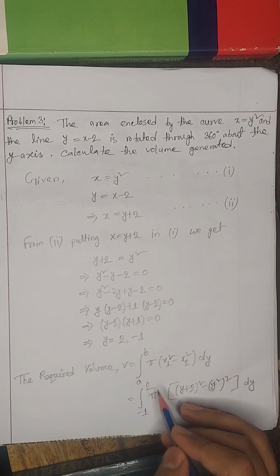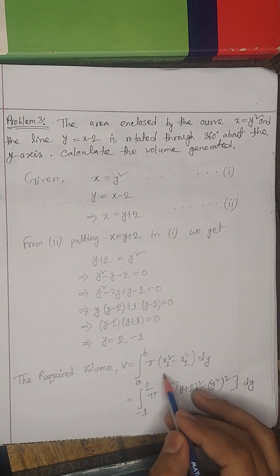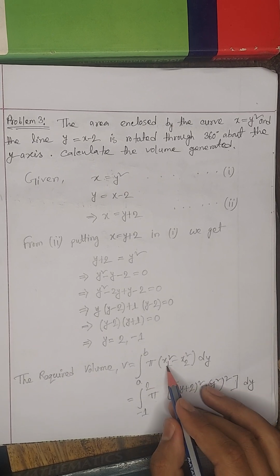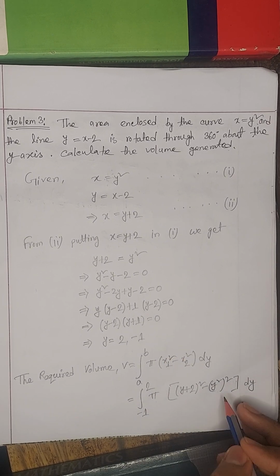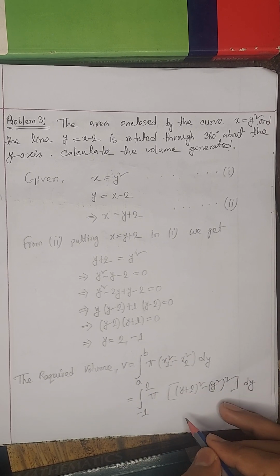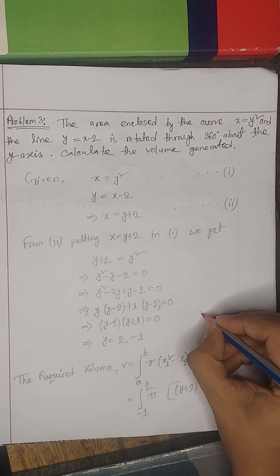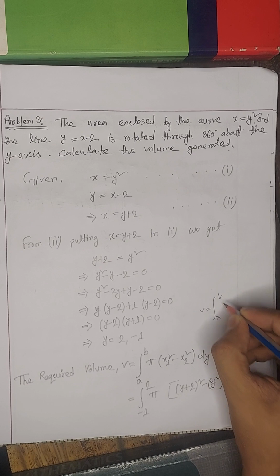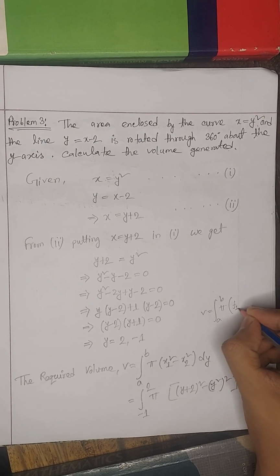Then the required generated volume, from this formula we get here x1 is y plus 2 and x2 is y square. Okay, this is a formula, we know that if we are given two curves, then it will be like this.